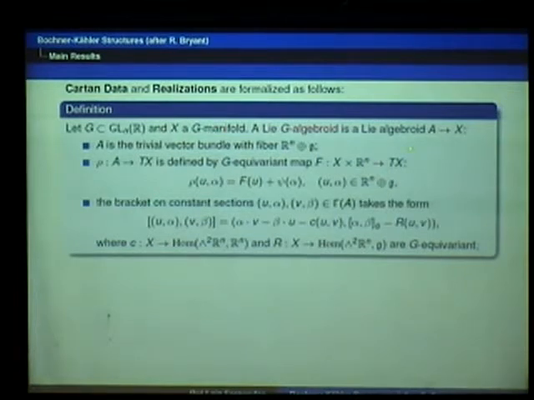And this algebroid has an anchor which is given by an equivariant map plus the infinitesimal action associated with these G-manifolds. And the bracket on constant sections has to take this special form for some G-equivariant maps C and R, right? And now I don't even need to assume that this was coming from some G structure as I did before. I can just make this as a definition.